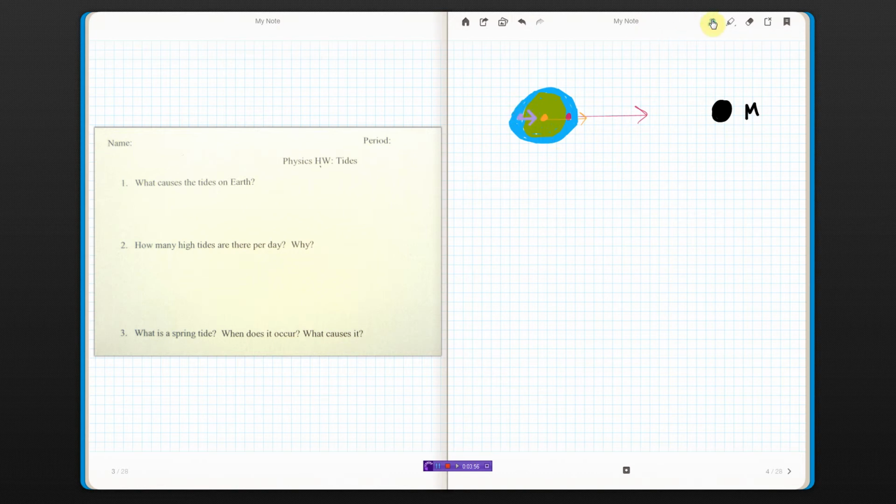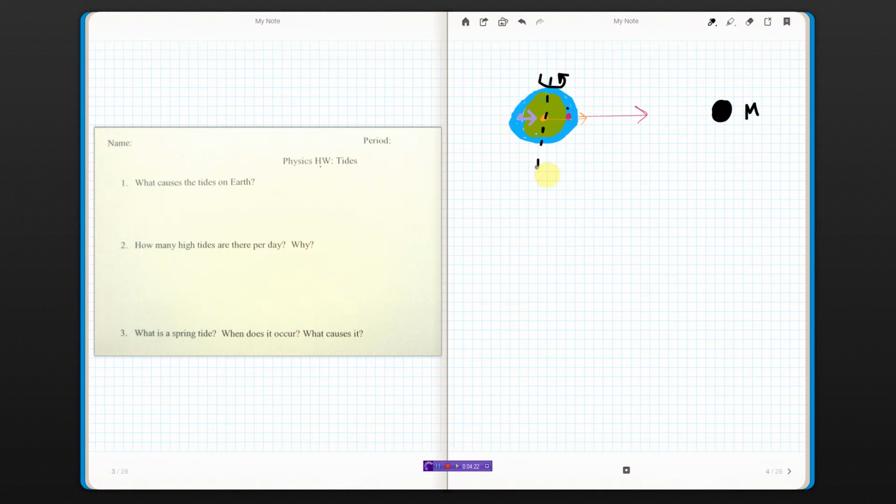And then what happens is the Earth spins. Here's the axis. The Earth proceeds to spin around on its axis, like it does. If you're standing here, you're at high tide, and then it spins around and on the other side you'll be at low tide, and then it spins around and you're at high tide again.